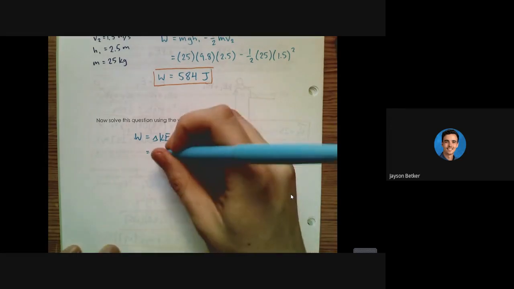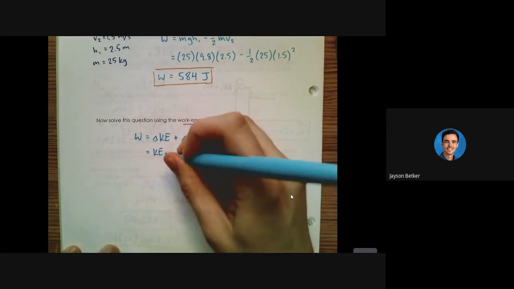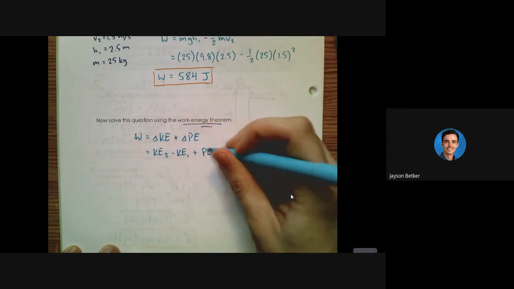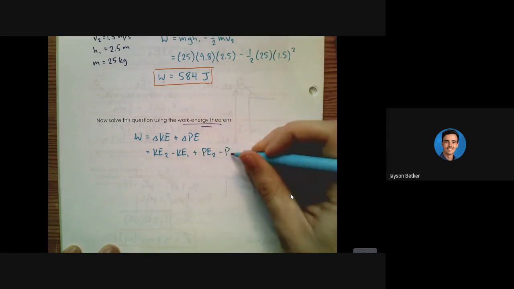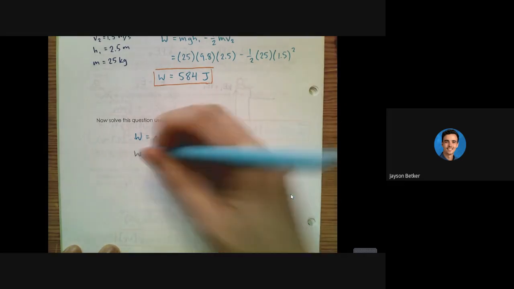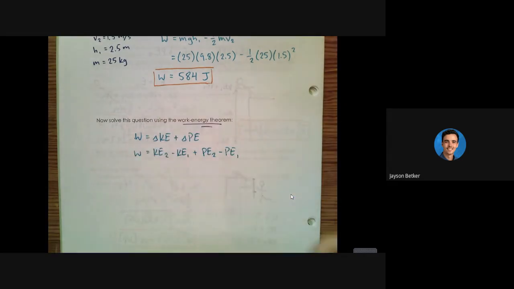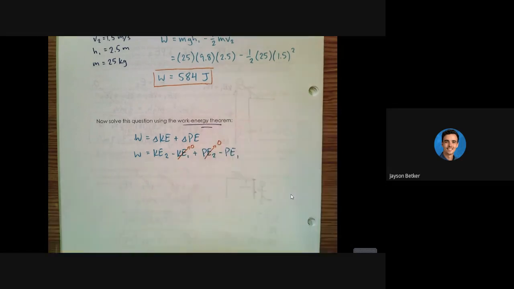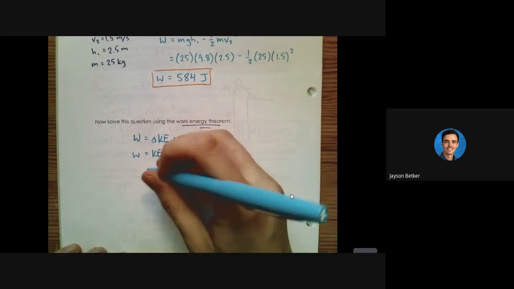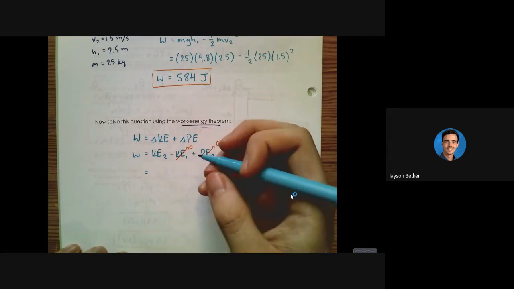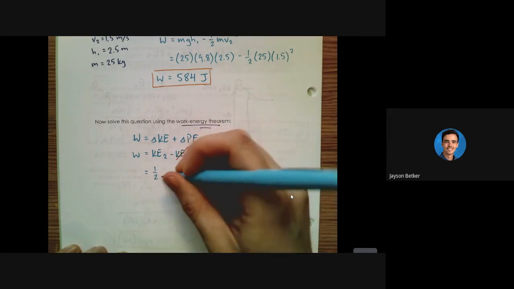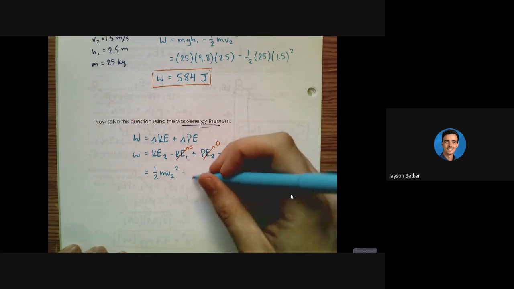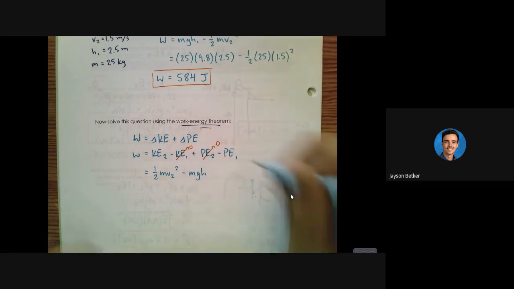What that ends up giving us is KE2 minus KE1 plus PE2 minus PE1. Remember, our KE1 was equal to 0 and our PE2 was equal to 0. So now we just end up with the same idea here, 1/2 mv2 squared minus mgh.